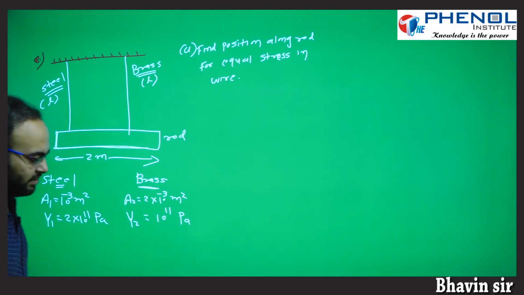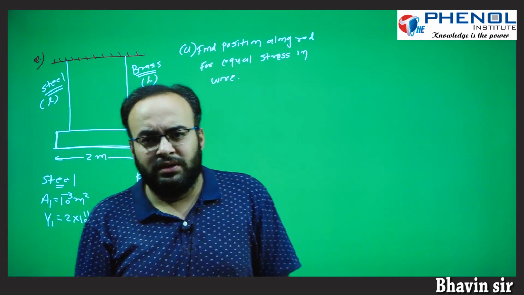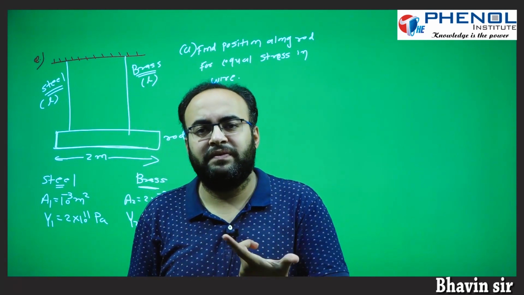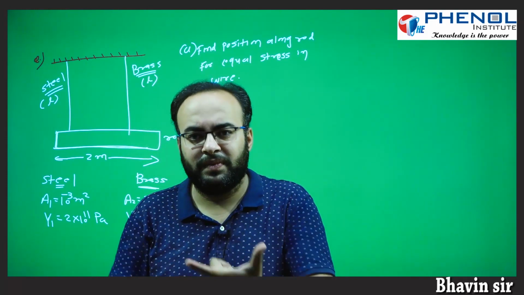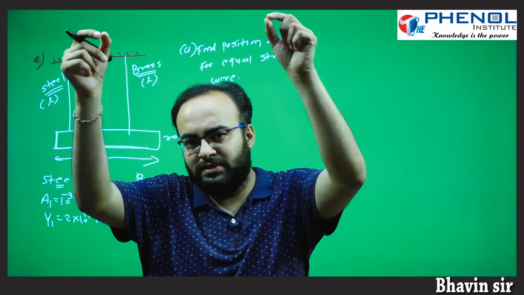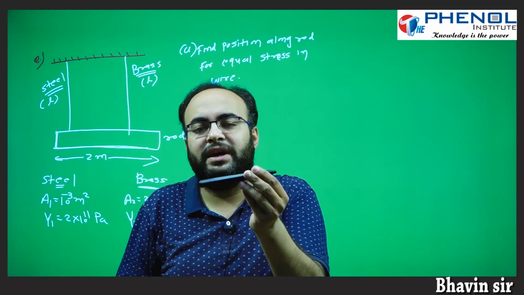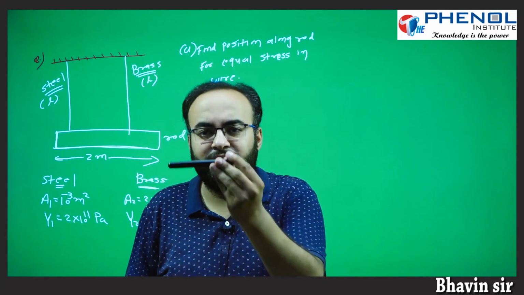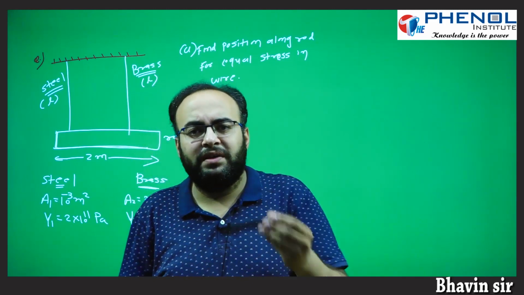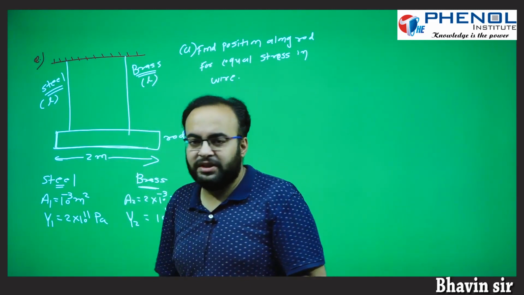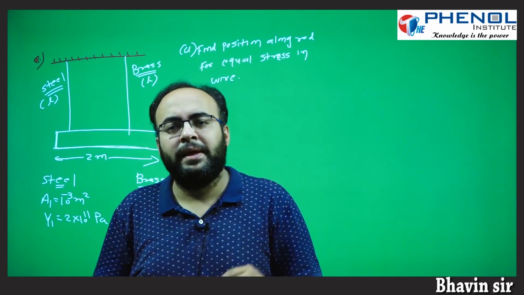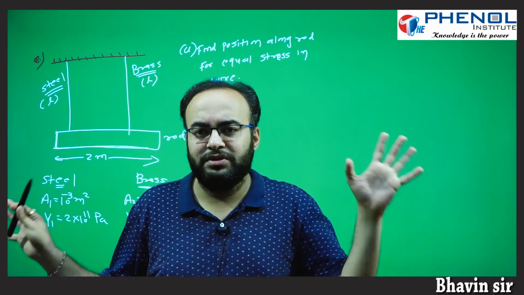Chalo, what is the question, students? Obviously, when we increase the load, both the wires, steel wire and copper wire, at both ends we attach one rod. When we attach the rod, due to the weight of the rod, stress and strain are produced in a wire.